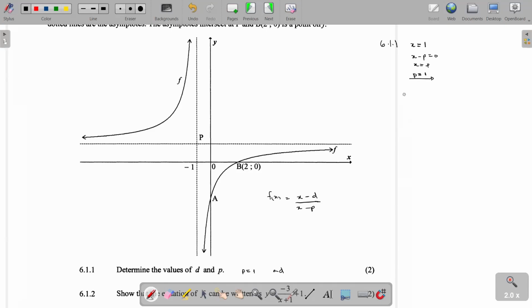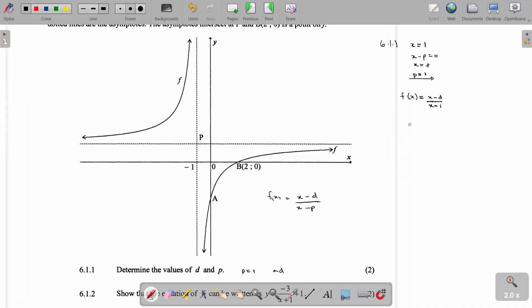Our function f(x) is equal to (x minus d) divided by (x minus p), but we already know p is 1, so it's divided by x minus 1.